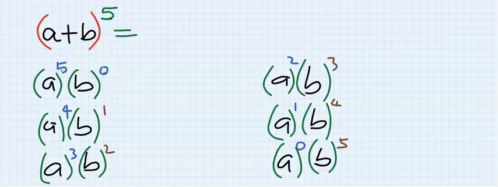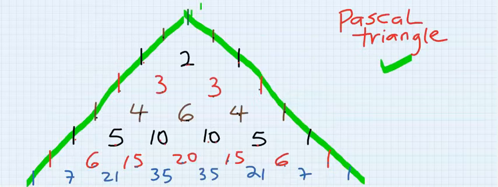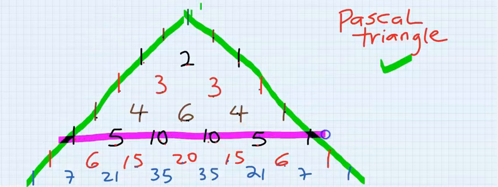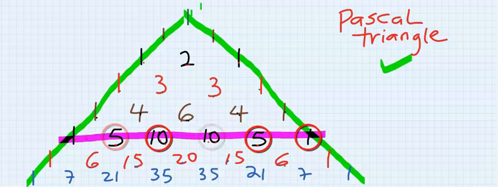Step number 2 is we are going to go to the Pascal triangle. The highest power there is 5. So I'm going to use everything on this row. So I'm going to take 1, 5, 10, 10, 5, 1.